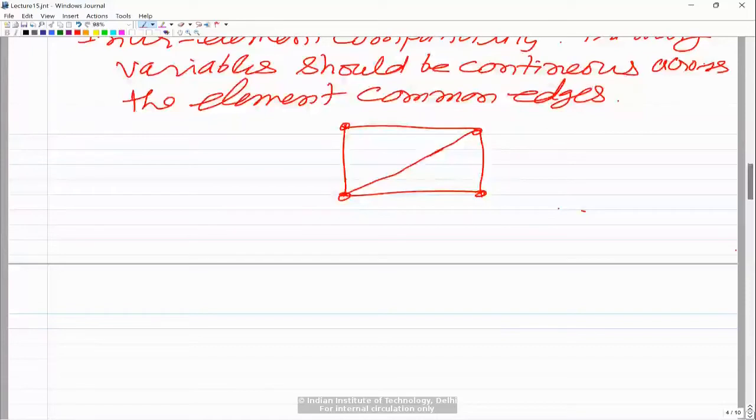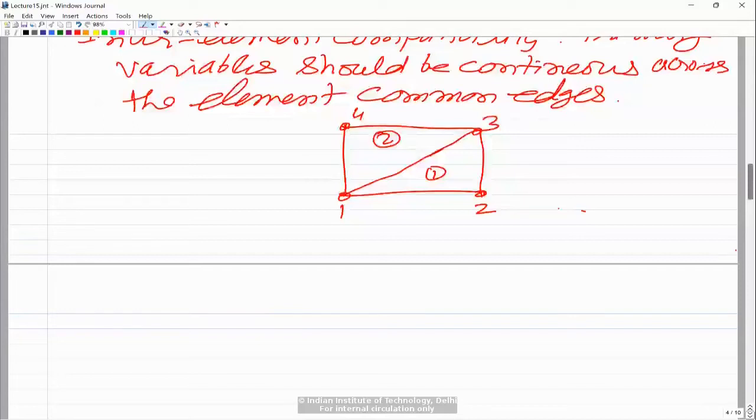Let's say these are global node numbers 1, 2, 3, and 4, and this is element number 1, this is element number 2. Now the edge from node 1 to 3 is shared by both elements 1 and 2. Of course we will have temperature as a degree of freedom at nodes 1 and 3, and we will make common T1 and T3 values for both the elements.